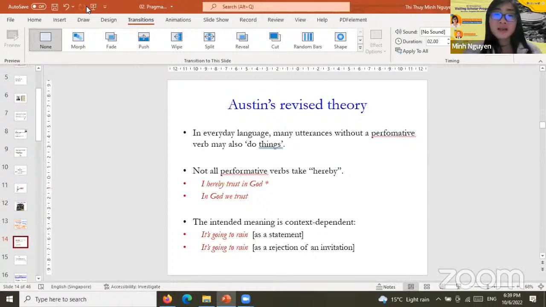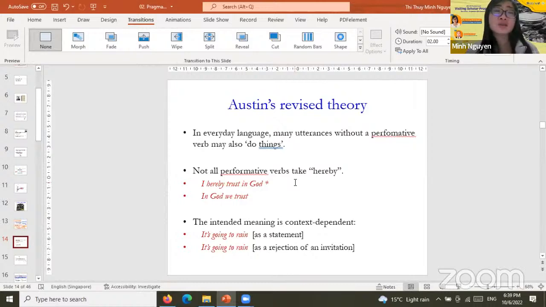And the reason why there are so many utterances that can be used to do things, even without using a performative verb, is because our intended meaning is very context dependent. Whether "it's going to rain" is a statement or a rejection of an invitation depends very much on the context.